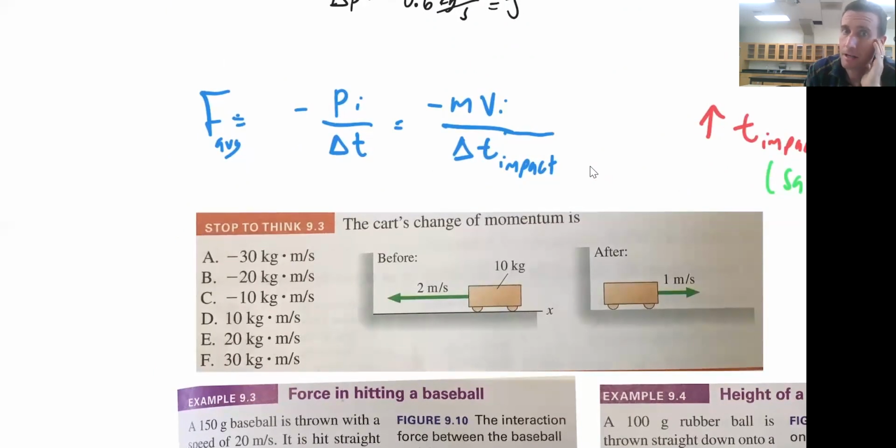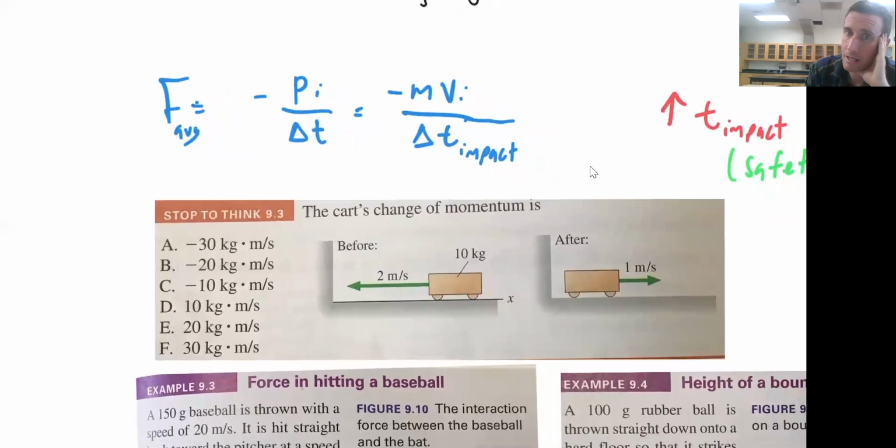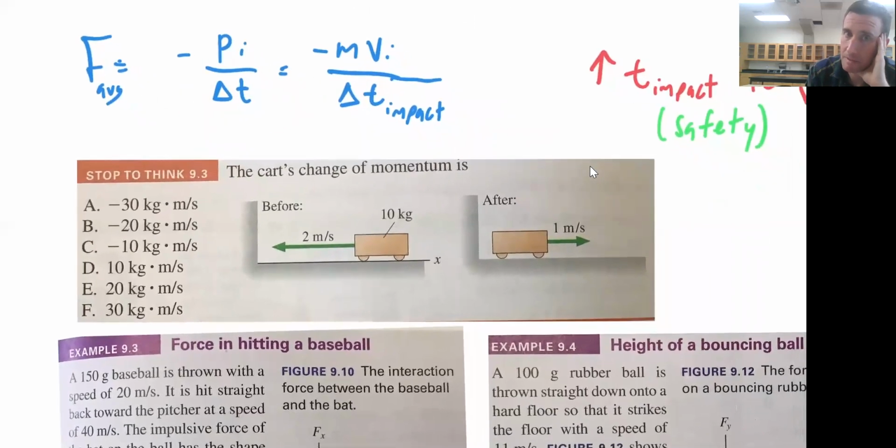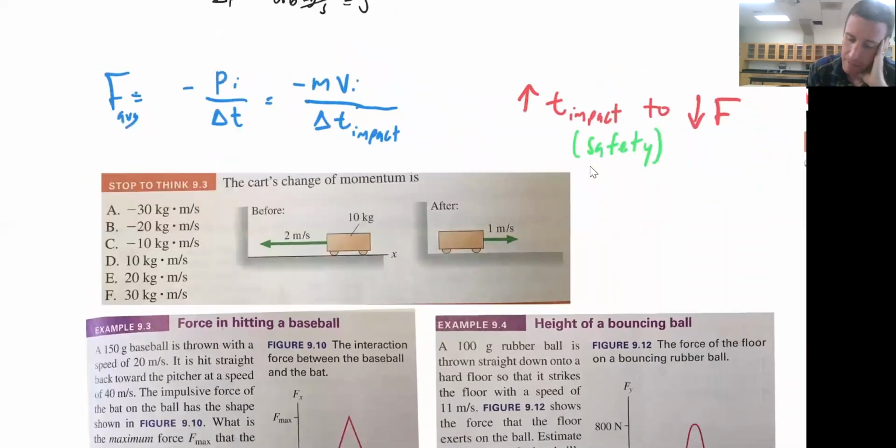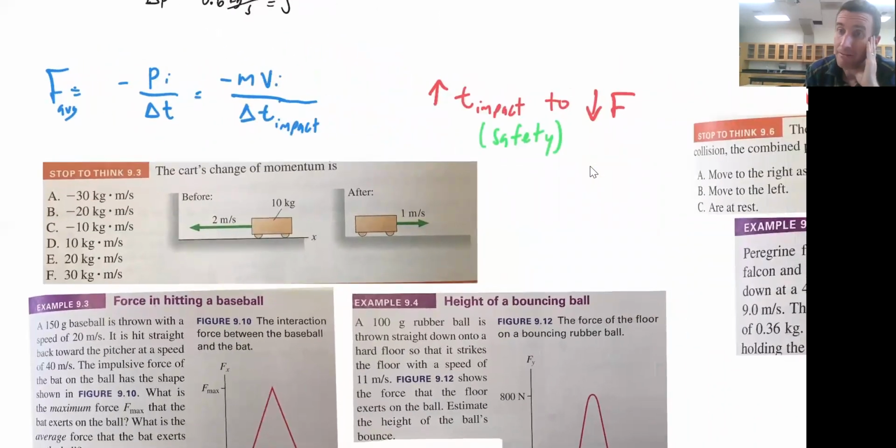And then the change in momentum is negative m times the initial velocity divided by the time of impact. So what does that mean? What it means is if I want to make things safer, and this would be like in a crash, right? In something like a crash or a collision, where I'm going fast to not moving at all, right? Objects coming in and then stops.